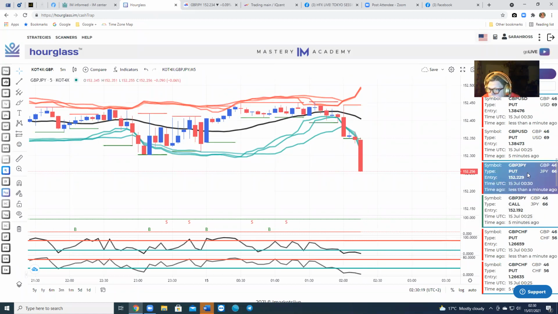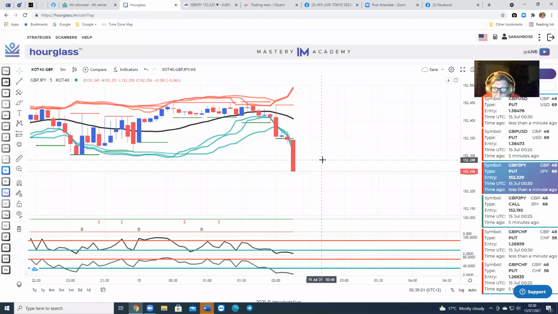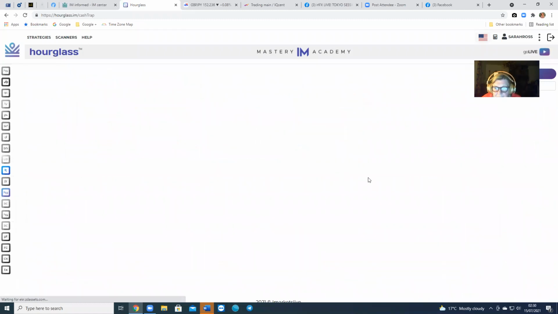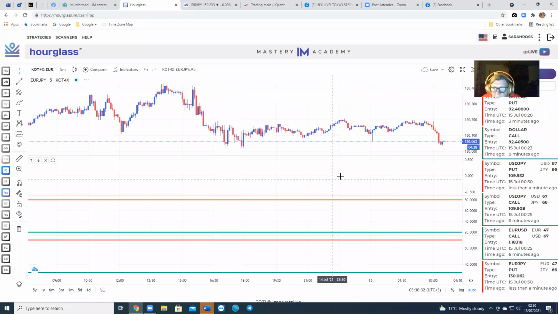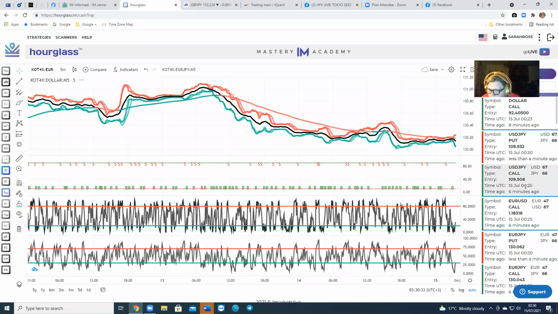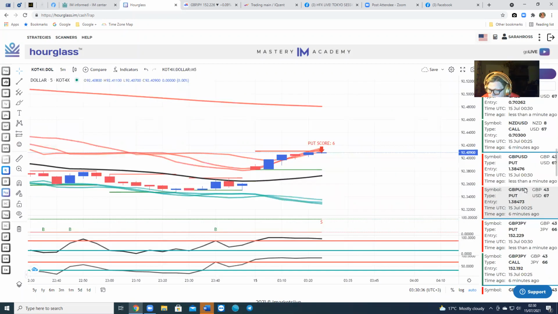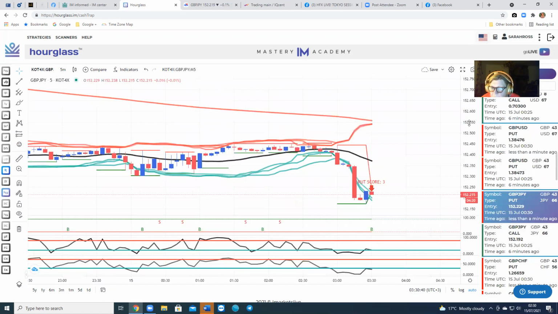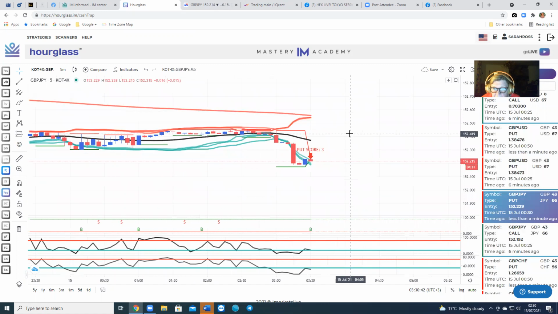It's a put at 229. Just refresh it. 43 to 66. It's a put score of 3. It's right down in the oversold area and it's got buy on it.